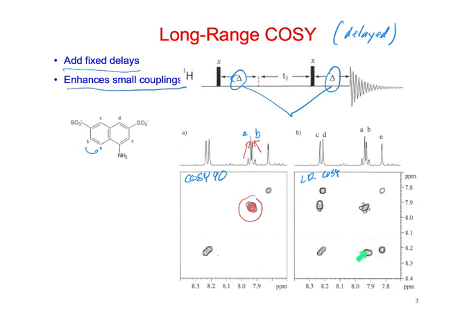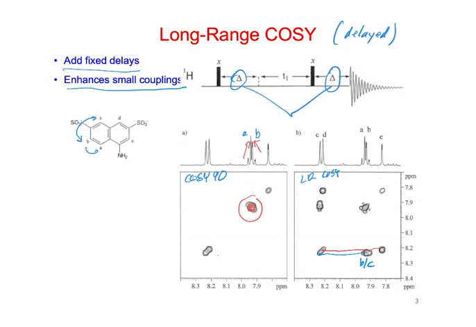So this one goes to C, and this one is going to B. Okay, so this cross peak here is B to C. This is the meta coupling, okay?